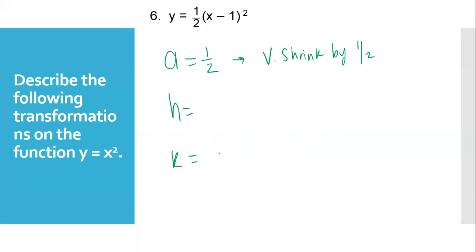It's a vertical shrink because it's between 0 and 1, right? What is our h? 1. What does that tell us? Right 1. What is our k? 0. And that means no change, right? It didn't go up, it didn't go down.